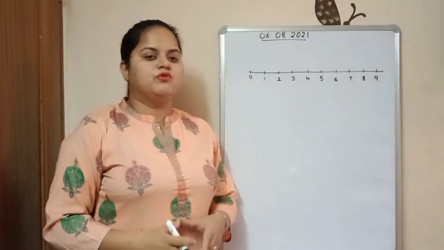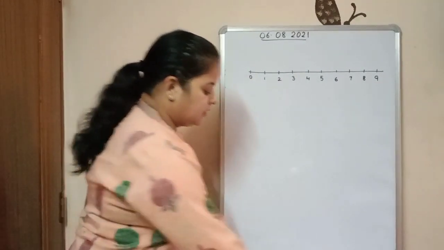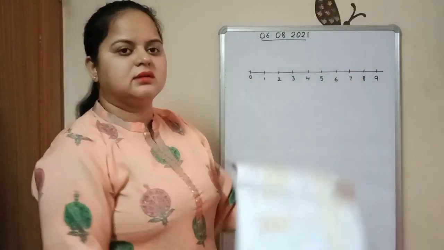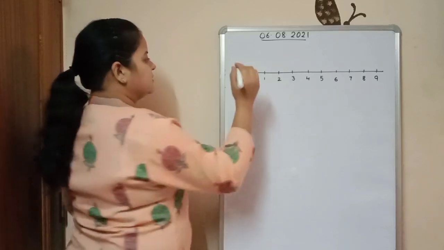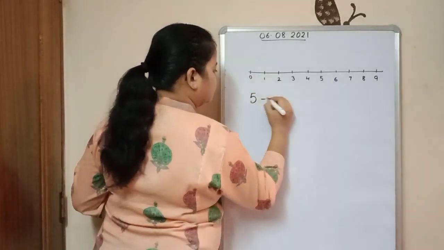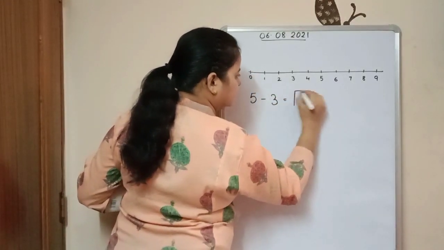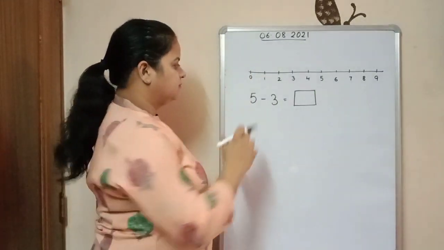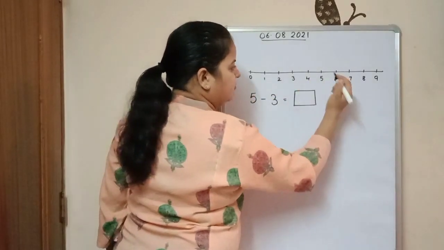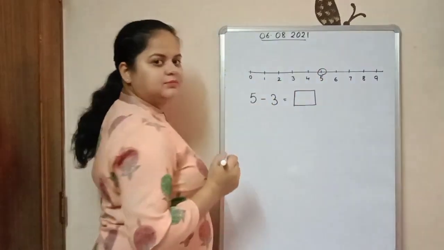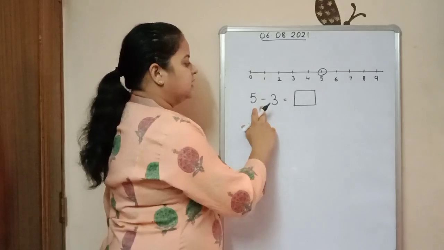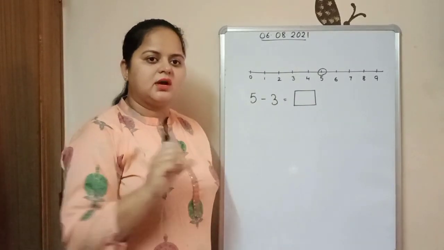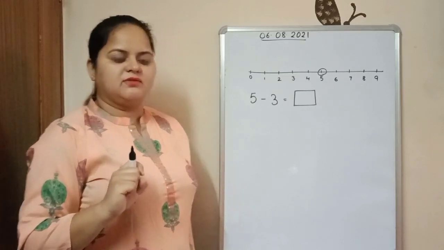The first sum is 5 minus 3. Where is number 5? Minus 3. We have to take 3 out from 5.